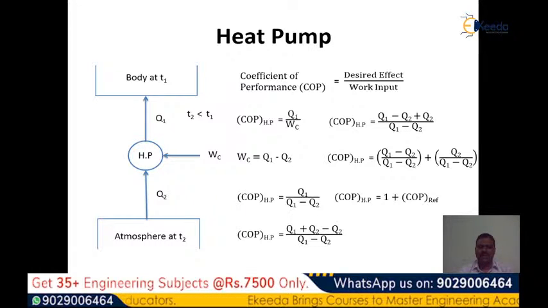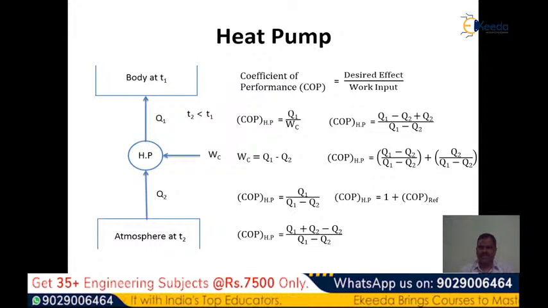This coefficient of performance is, as I already told you, the desired effect divided by work input. If we take the example of a refrigerator, it is at what rate heat has to be removed from the refrigerated space by absorbing WC amount of work, and that is the COP of the refrigerator.